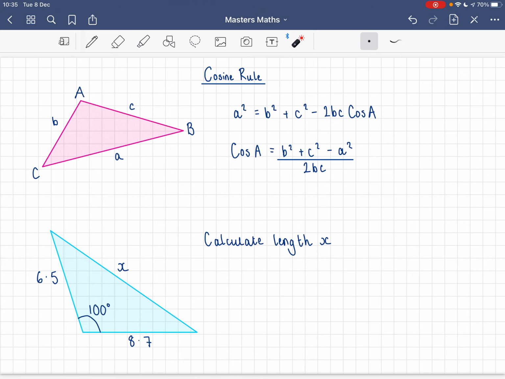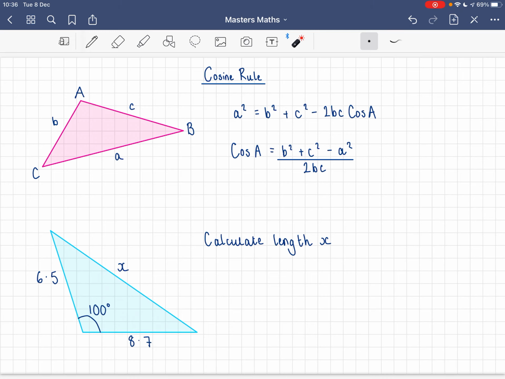And then these are two forms of the cosine rule. So this one we would use if we were trying to find a missing side. It's a squared equals b squared plus c squared minus 2bc cos A. Just a nice short one for you there. We use that to find a missing side when we have two sides given and the angle between them.